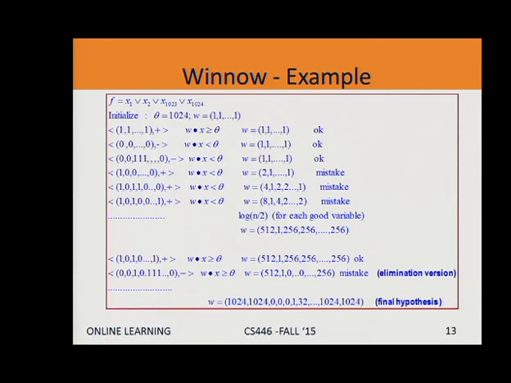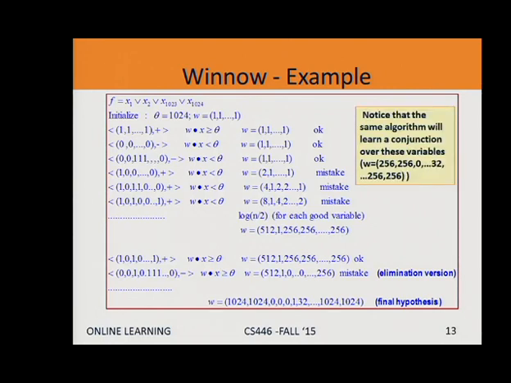Now, it could be that the distribution is such that x1 is always active with 1024. And therefore, I will not get them to grow to 1024, because I never see one of them on and the other one off. The important thing, from our perspective, is the number of mistakes we're making, and we're guaranteed that it will not be too many.